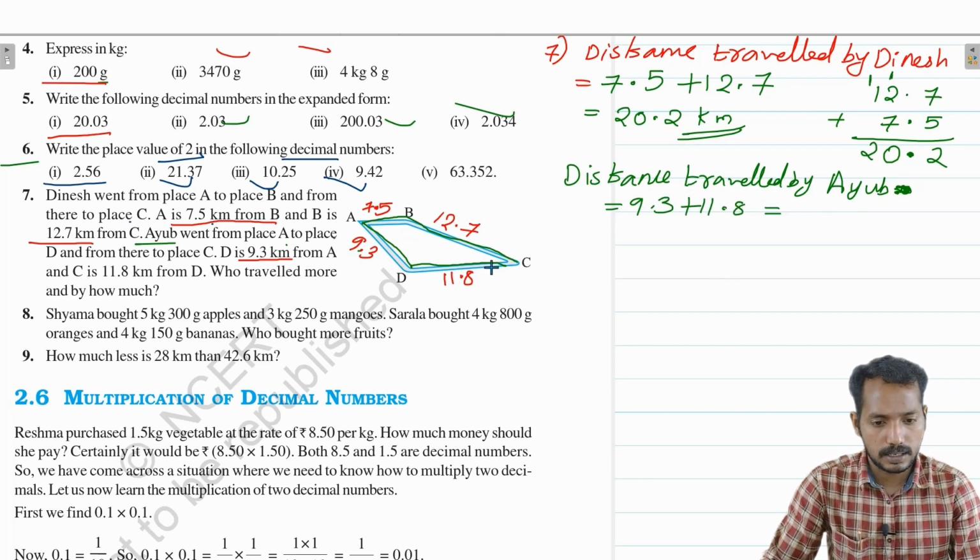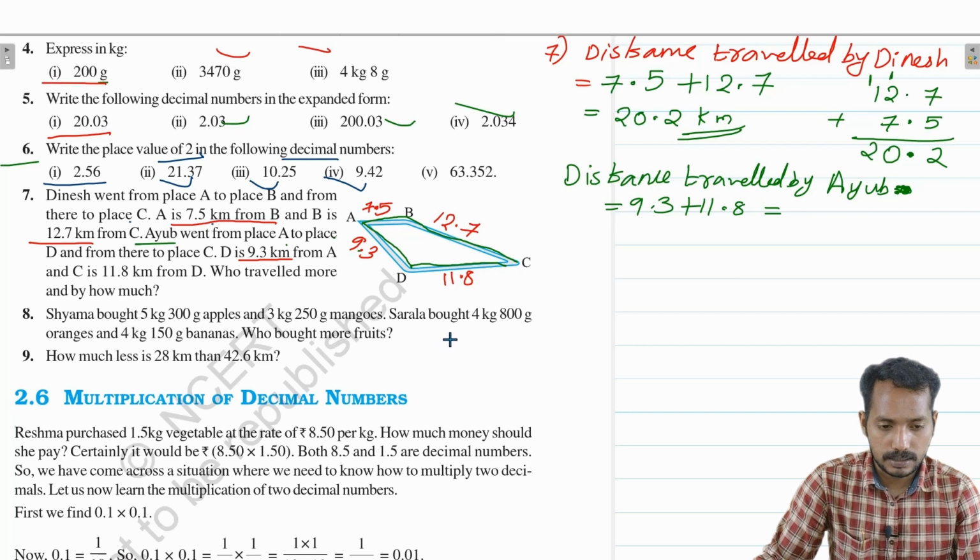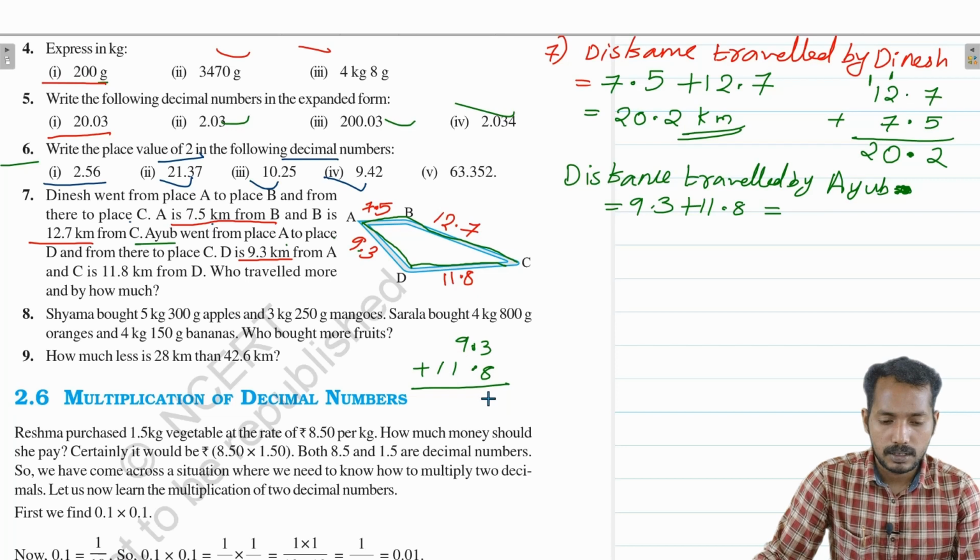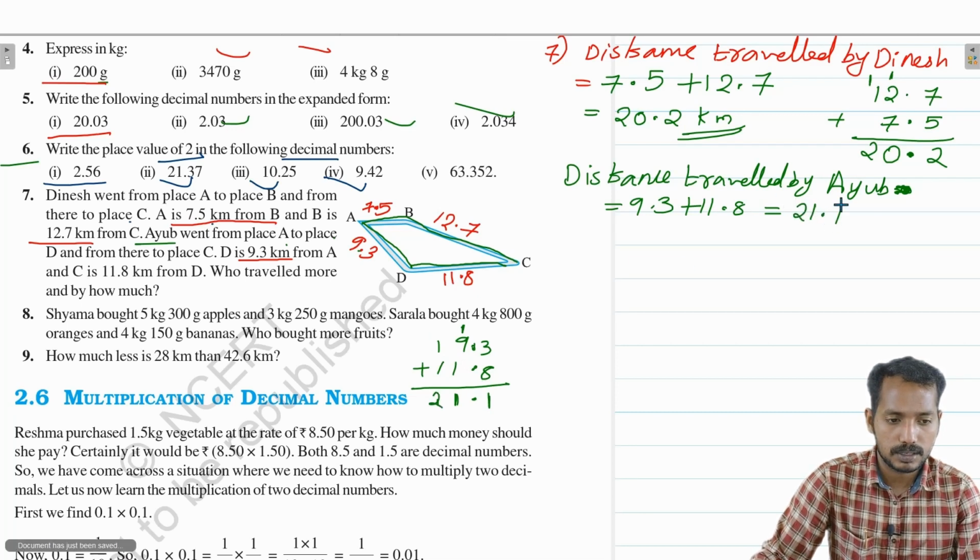Let's calculate that. Remember, the decimal point should come on the same line. 8 plus 3 is equal to 11. 1 is carried. Now keep the decimal point here. 1 plus 9 is equal to 10. 10 plus 1 is equal to 11. 1, again carry 1. 21.1 kilometer.